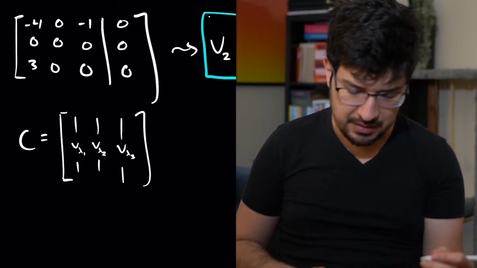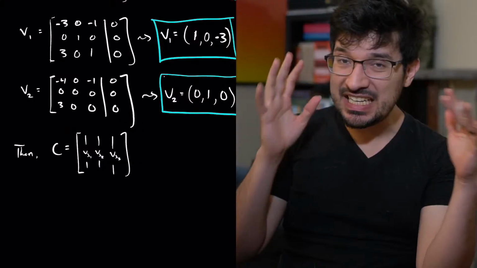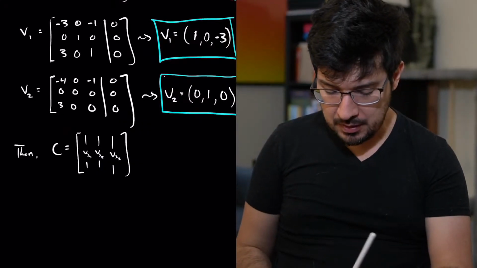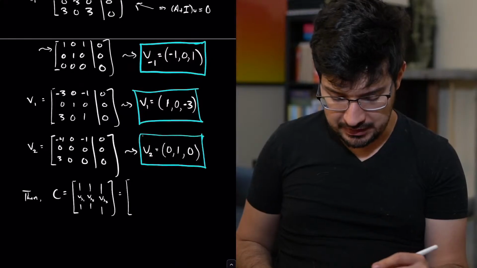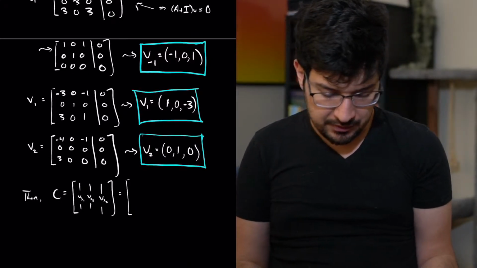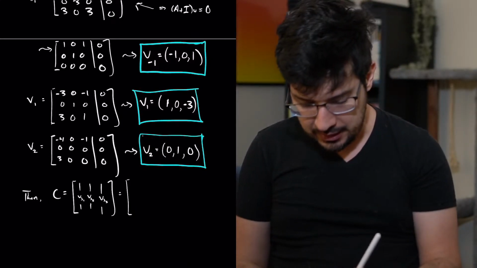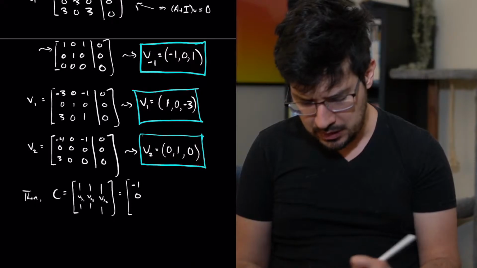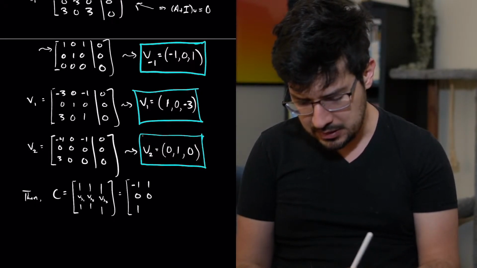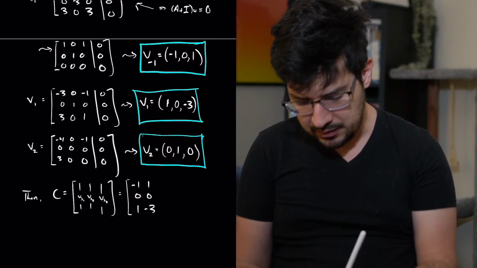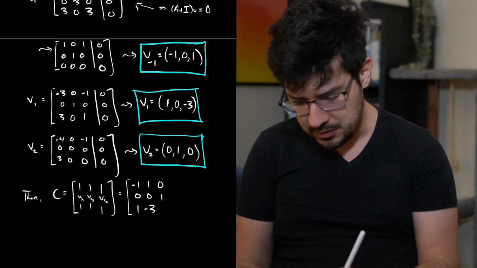There we go. That'll fix my mismatch. Then our first eigenvector is -1, 0, 1. Our second eigenvector we found was 1, 0, -3. And then our third one was 0, 1, 0.